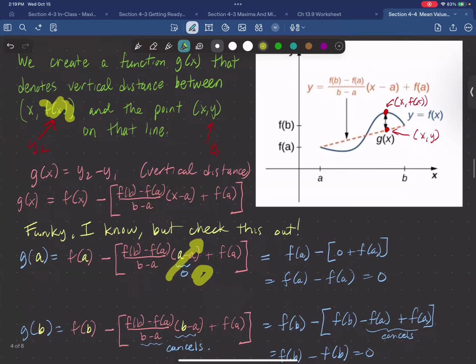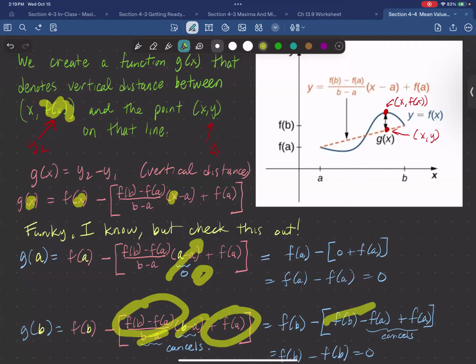Then we do it with b. If I plug in b for x, we're filling in our x's here. I fill in my x's, f of b. Notice that this b minus a cancels out that b minus a. So I have f of b minus f of a on top, plus another f of a, as we see over here.